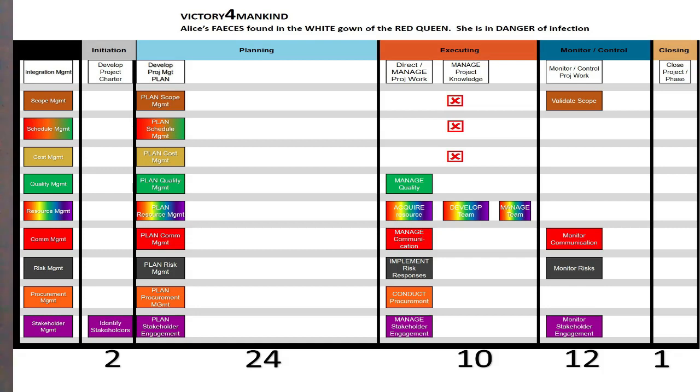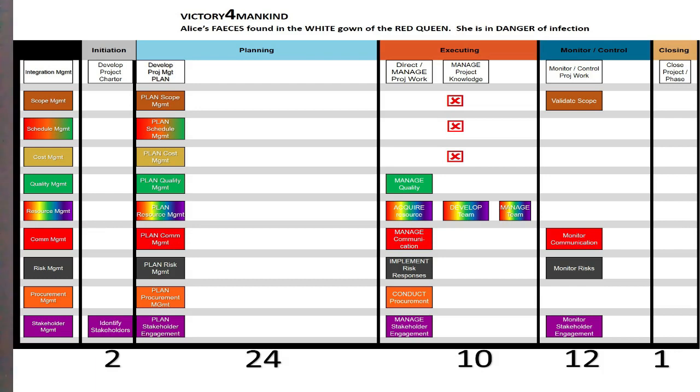Next one is white gown, right? So white gown, white here refers to integration management. So there is 4M. M here refers to the word monitor. There are 4 words which has the word monitor in it. So what are those 4 M's? First one is under integration, white gown, which is monitor and control project works.